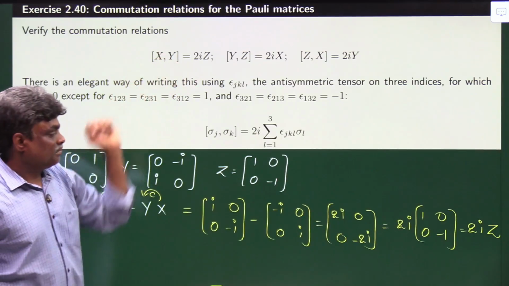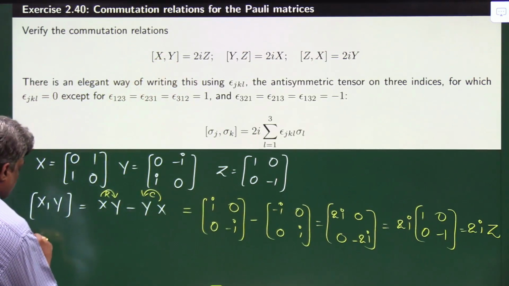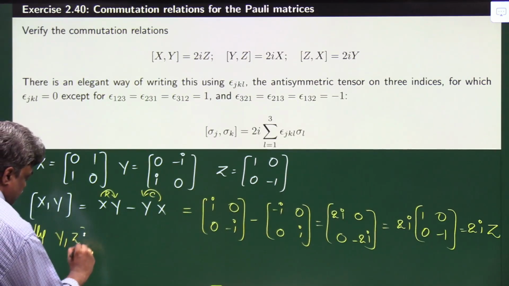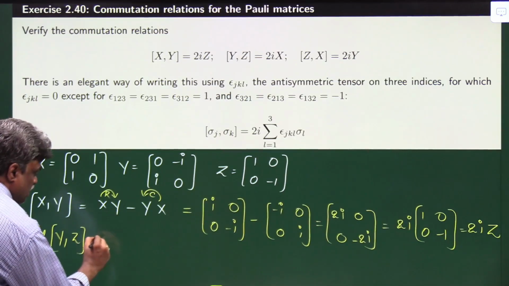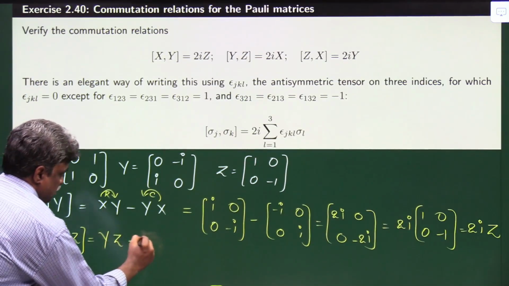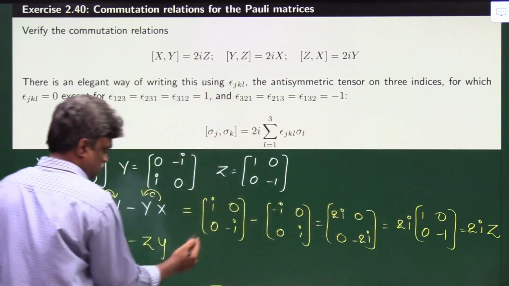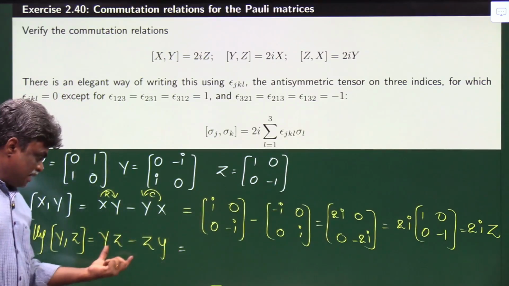So similarly, we can show this. Please try this Y comma Z. It's easy, so no need to get tension. YZ minus ZY. If you still didn't understand the direct writing, I will explain this also.